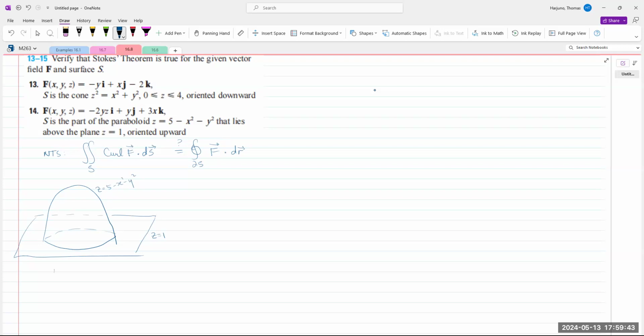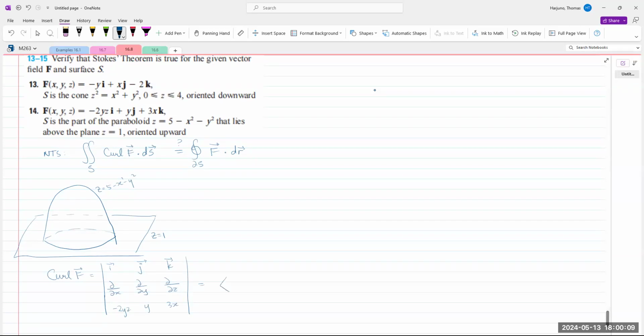The left hand side. The curl of vector field F is the determinant of i, j, k, partial x, partial y, partial z, of negative 2yz, y, and 3x.